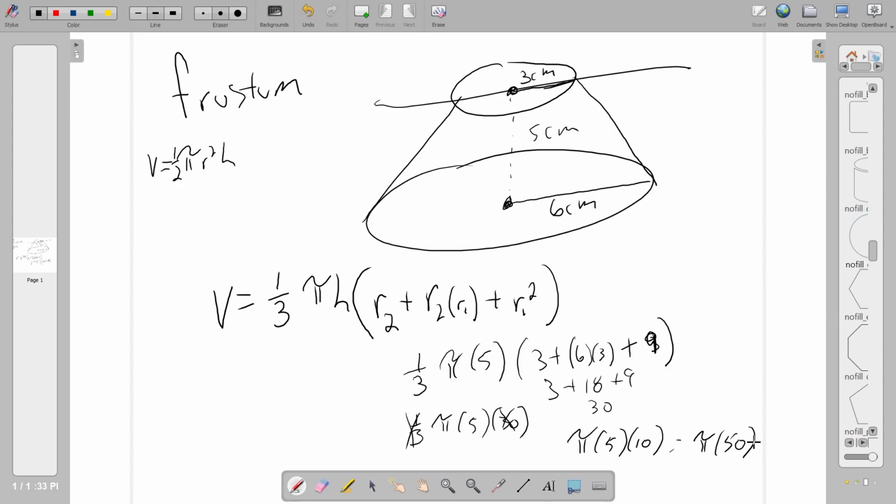And we'll do 3.14 times 50. And we get a volume of 157 centimeters cubed. So this is a frustum.